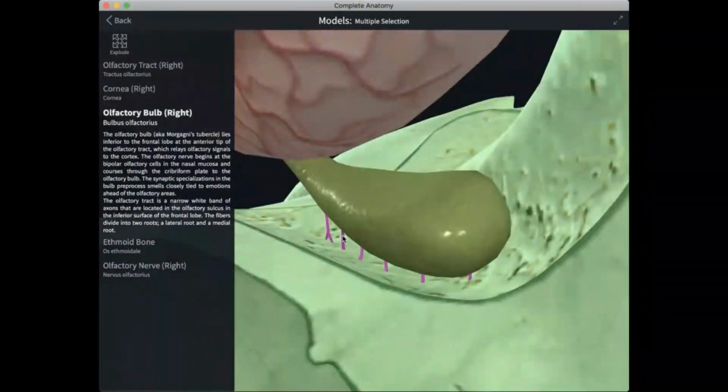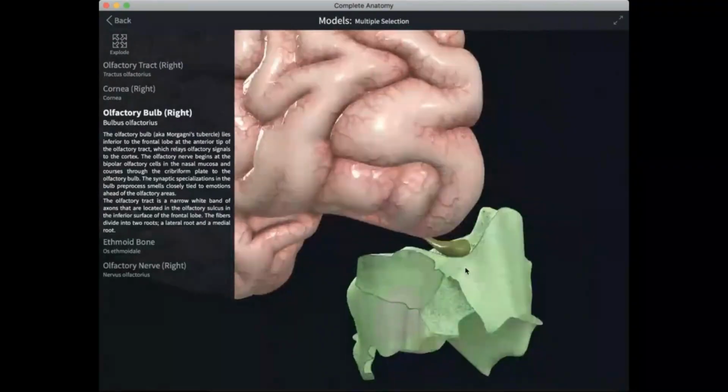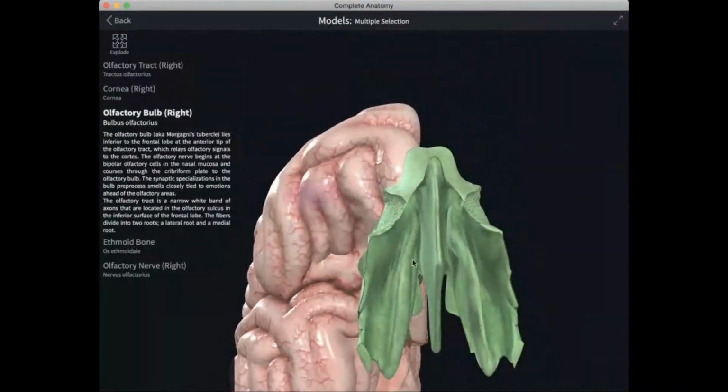These are the small branches of the olfactory nerve piercing the cribriform plate of the ethmoid bone, and then coming to the nasal mucosa in this region. These are the concha bones, which are present to increase the nasal mucosal surface.